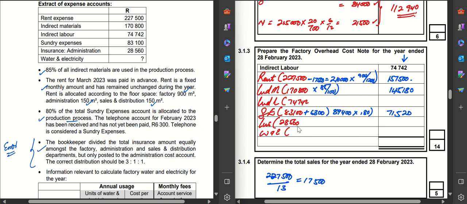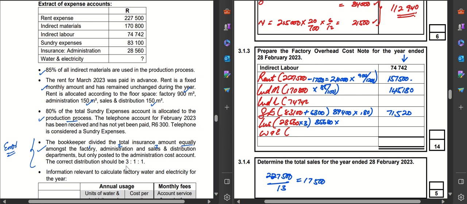So this is a third of the amount because it was divided equally amongst factory administration and the sales. So if I multiply this by 3, I should get the amount before it was divided. That gives me 85,680. Now I can allocate it properly now.